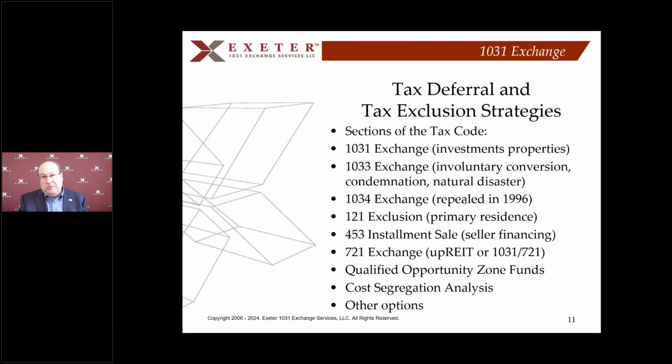You hold it for a couple of years to show your intent to hold for investment. That's the 1031 exchange portion. Then after that holding period, the entire property is contributed into the umbrella partnership. Now you're part of the REIT. That's the 721 contribution portion of the transaction.